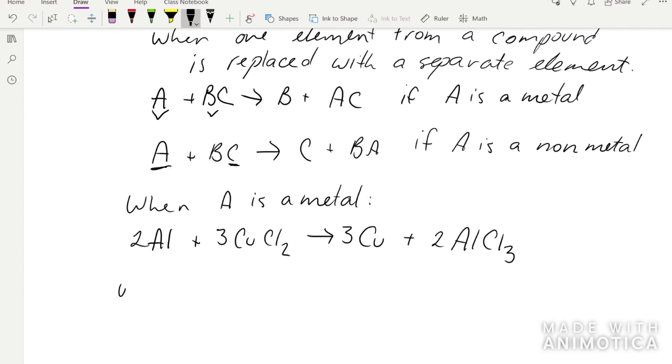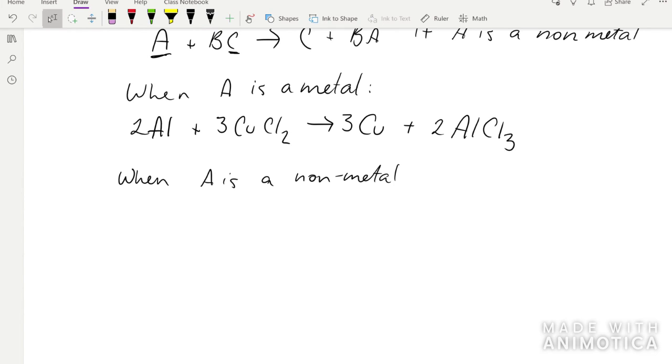When A is a non-metal, so when we take fluorine and we bubble it through a sodium iodide solution, we get iodine by itself, and we end up with sodium fluoride.